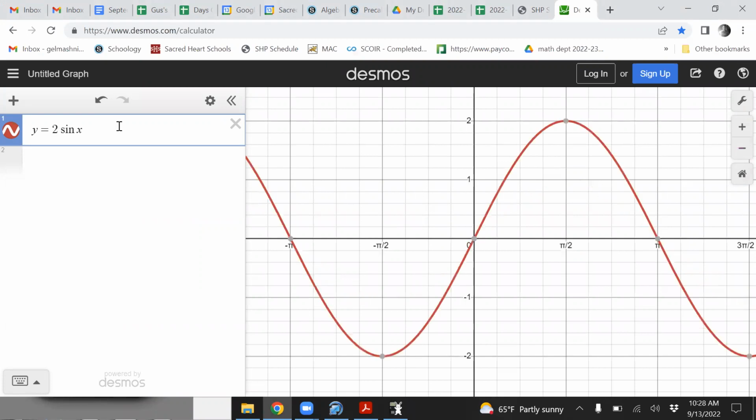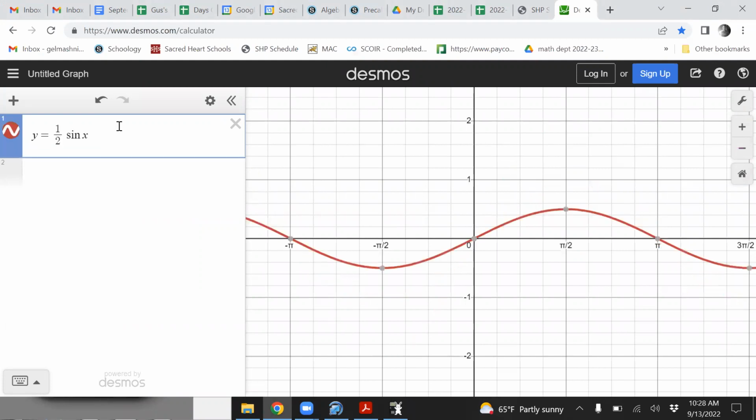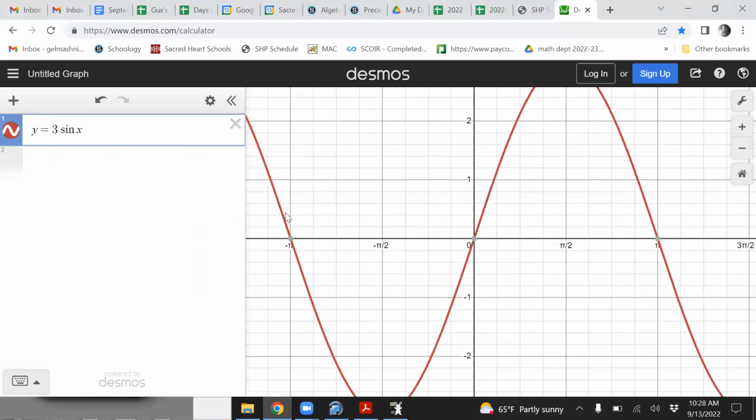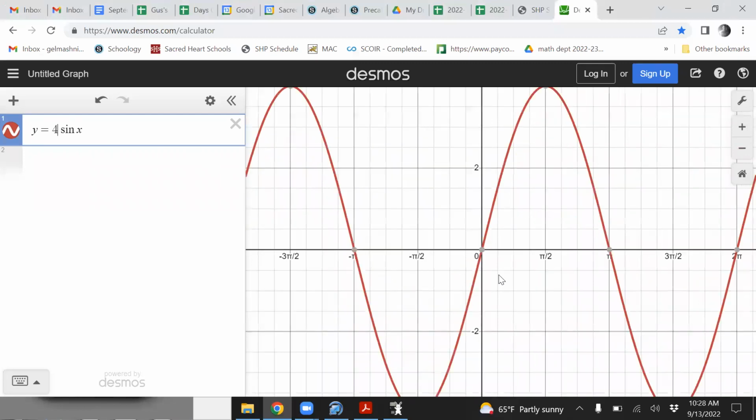Expand. Expanded vertically. What if I did like 1/2? It shrunk. Or like 1/4, shrinks even more. What if I did 3? What if I did 4? So you can see that impacts the amplitude. The number in front of sine x impacts the amplitude.